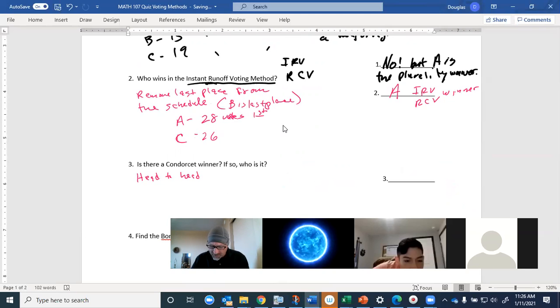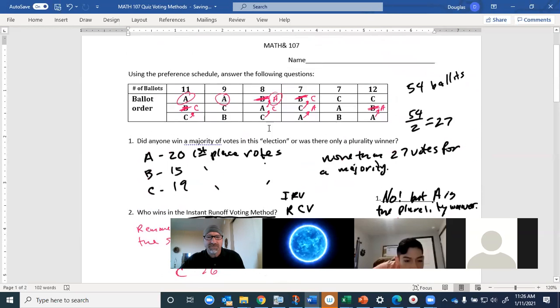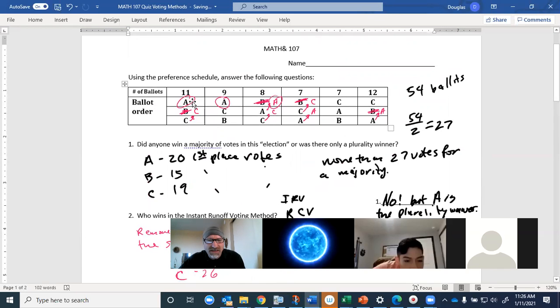So that means you have to compare A to B, A to C, and B to C. Really, I should say A versus B, A versus C, and B versus C. So A to B, if you just look at A and B, I should erase all those.